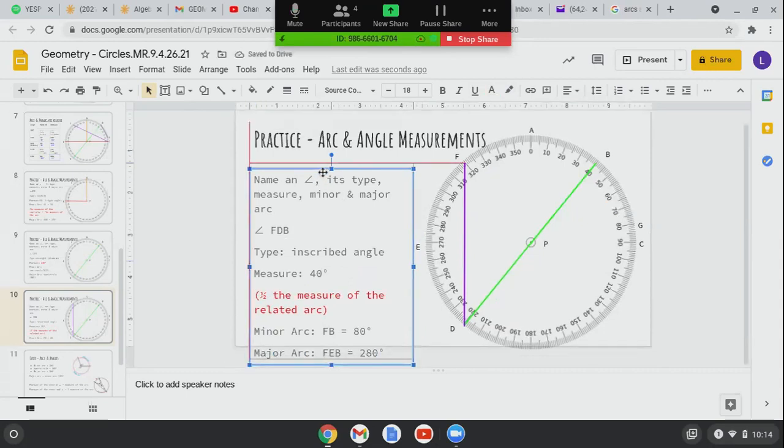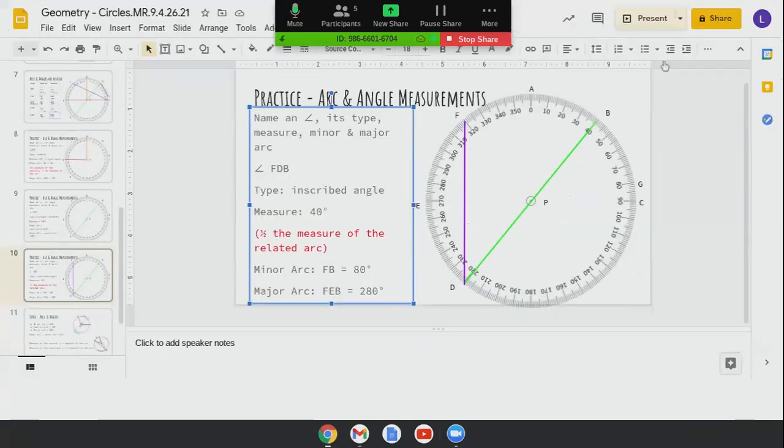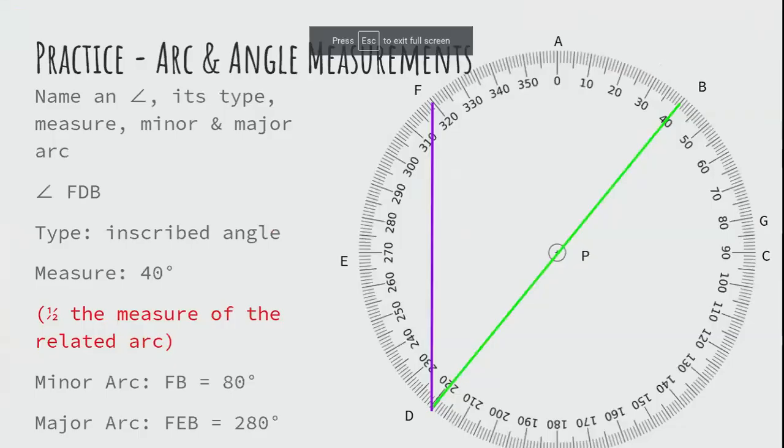So an inscribed angle, and I'm going to do this a little better for you. The inscribed angle is half the measure of the minor arc. This is the related piece of the arc. Again, think about this as a pizza. If you pull your slice of pizza from the whole pie, which part of it is going to move?